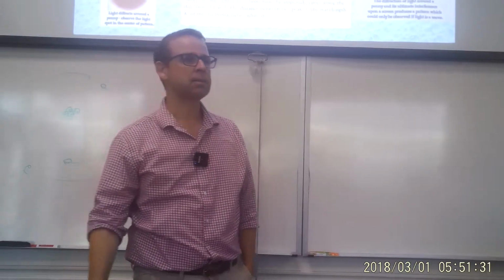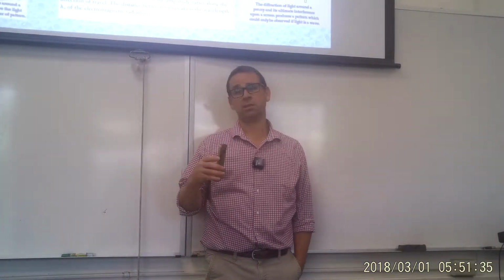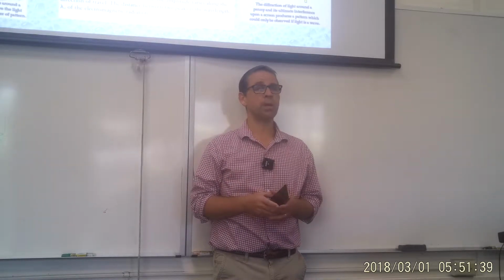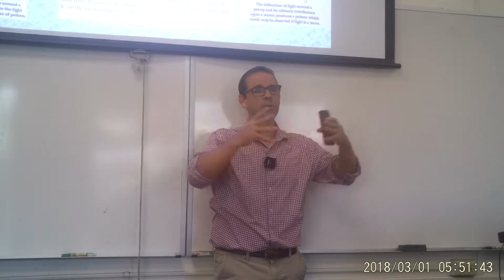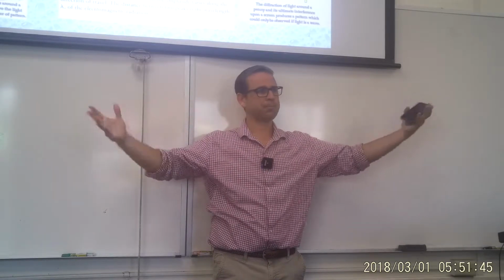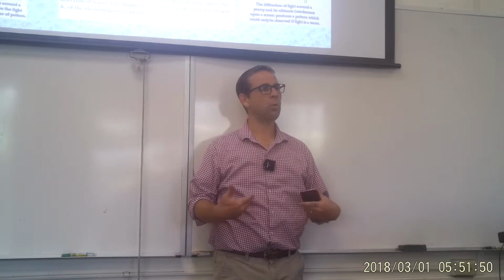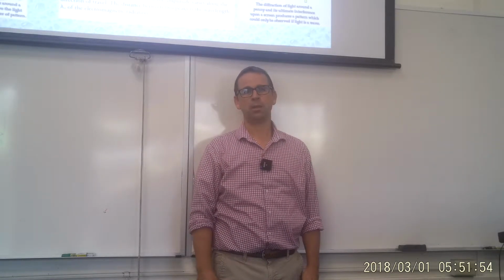Now, light is a word that we need to wean ourselves off of, because when we say the word light, we're really talking about a small class or section of a larger, not material, but a larger way of releasing energy. Okay?